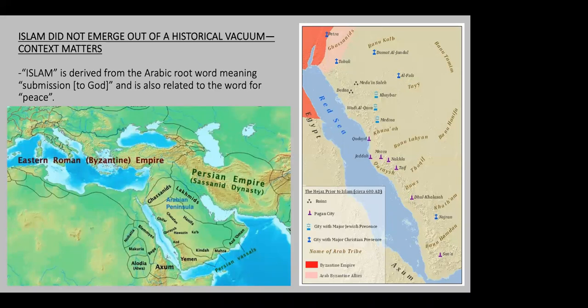As you can see from the two maps here, Arabia was at the crossroads of multiple empires: the Byzantines in Anatolia to the northwest, the Sasanians in Persia to the northeast, the Ghassanids, or Ghassasina in Arabic, an Arab kingdom that became a vassal or client state to the Byzantine Empire, fighting off the Sasanians, the Lakhmids, or Lakhmiyun in Arabic, another Arab kingdom that were clients and allies to the Sasanians, and the Christian kingdom of Aksum in present-day Ethiopia.